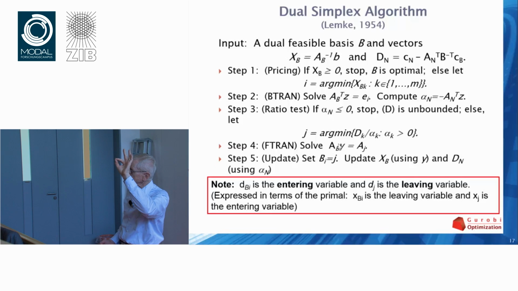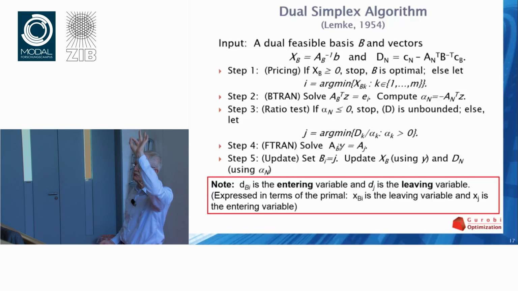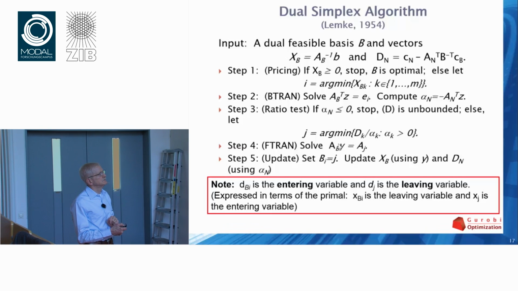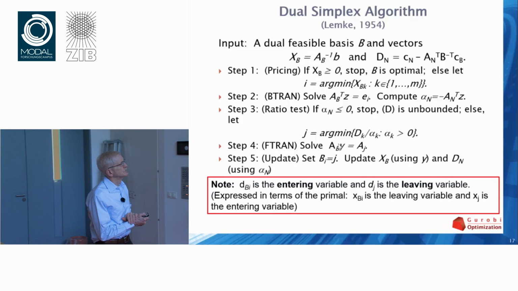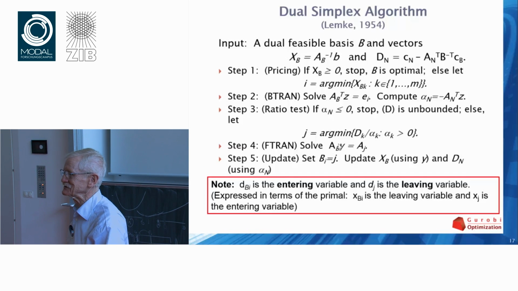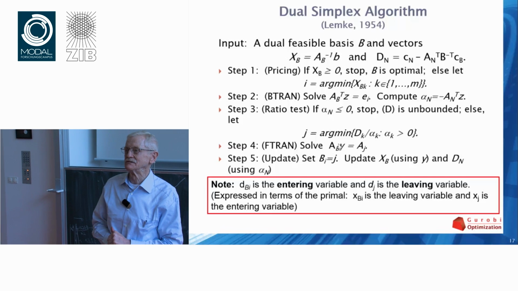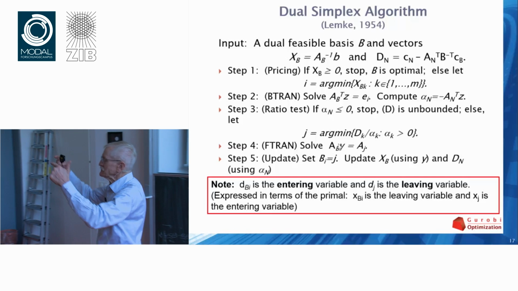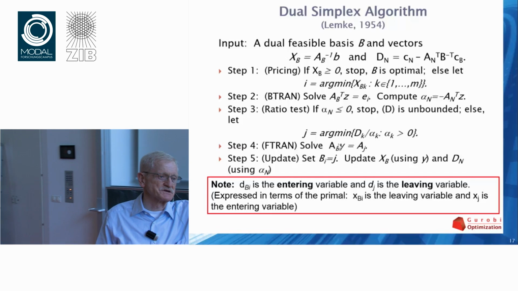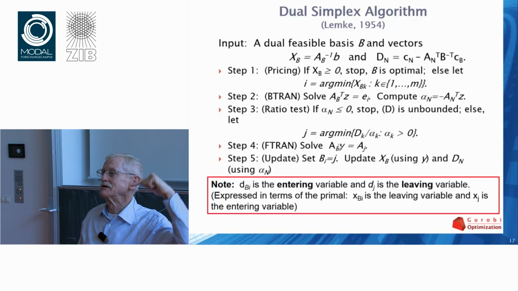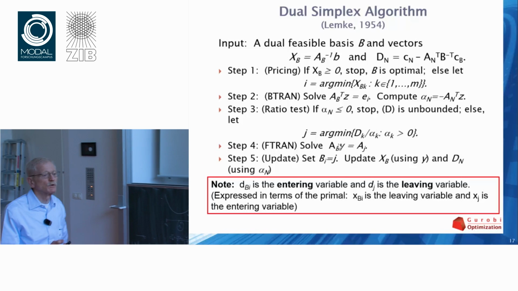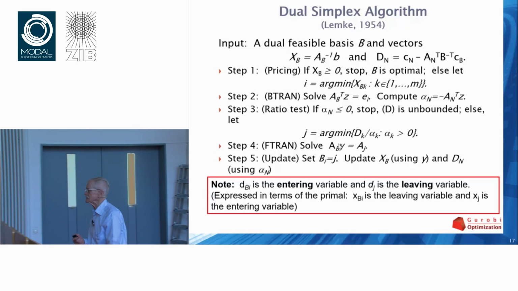So that d_B_i we're going to allow to be positive. Then we pick an index j, which is taken from what in the primal are the basic variables, and that's the leaving variable. So in effect, viewed in the primal, you actually are picking the variable that leaves the basis B first, and the variable that enters it second, which is just the reverse. So if you weren't confused before, sure as shooting you're confused now.